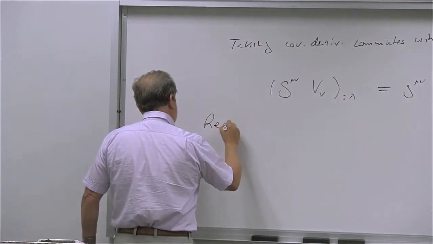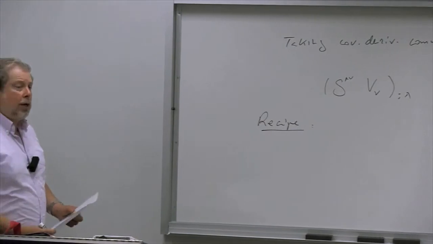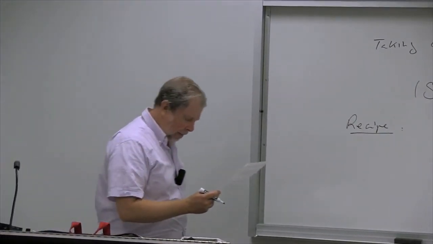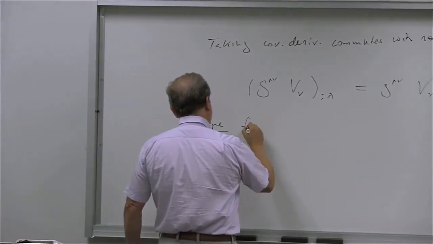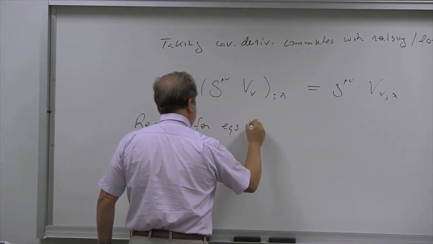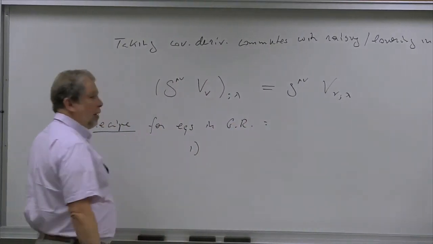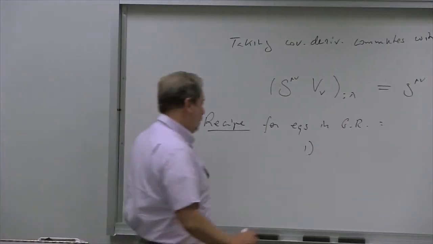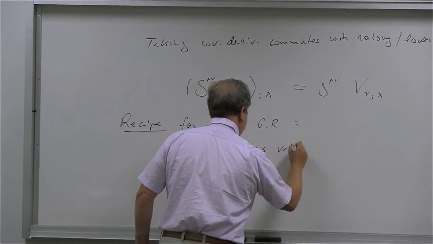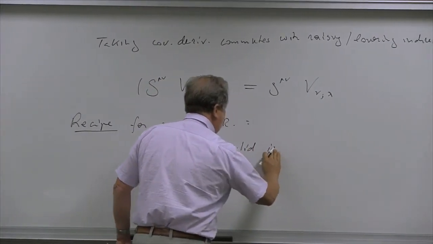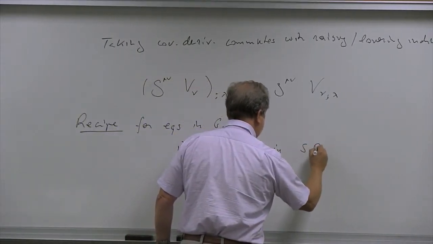So this suggests the following recipe to construct equations which are generally covariant. So, a recipe for equations in general relativity. The first thing is to write equations which are valid in freely falling coordinate systems, or if you want, in an inertial system or special relativity.